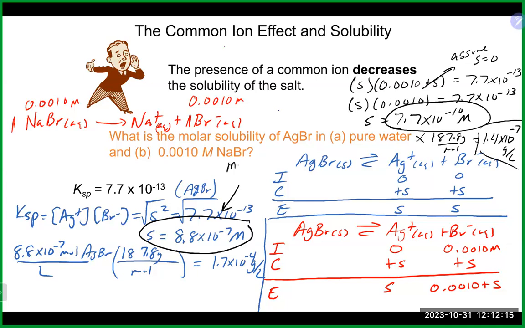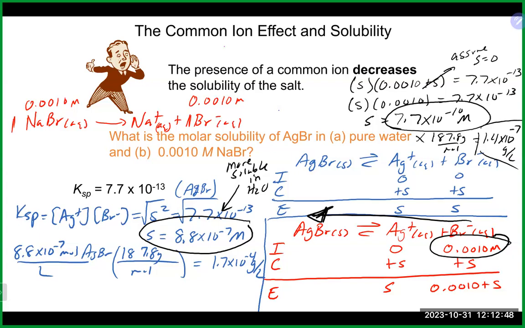So it is more soluble in water in this case, because with the presence of that common ion, it's going to cause this equilibrium to shift to the left and keep it together, meaning that it's going to be less soluble and less of it will break apart. So the presence of a common ion is one factor that can affect solubility, and the presence of that common ion, much like what we saw with buffers, will kind of keep everybody together because it's going to force it back to the left in this particular case.